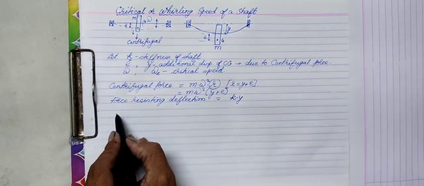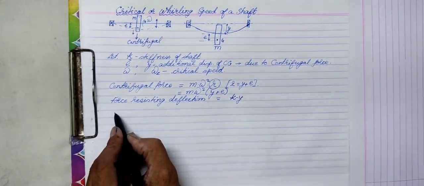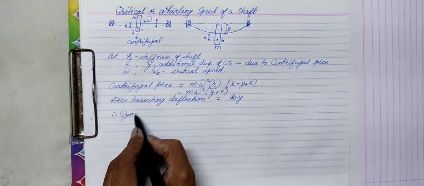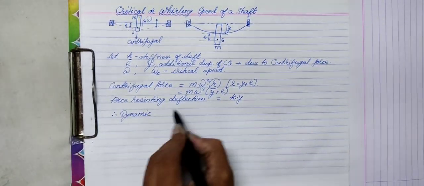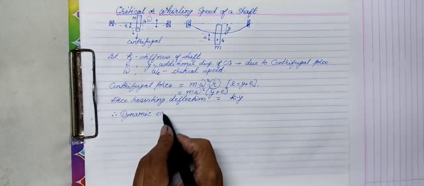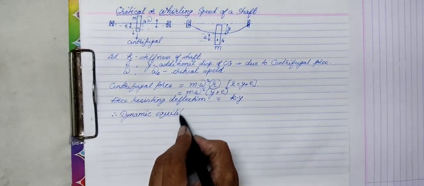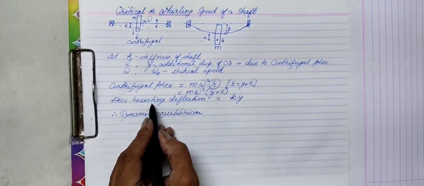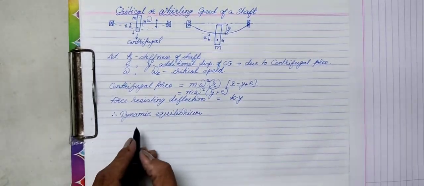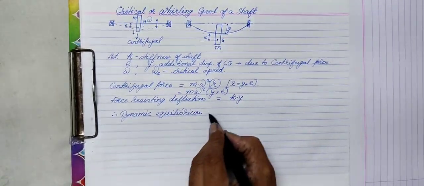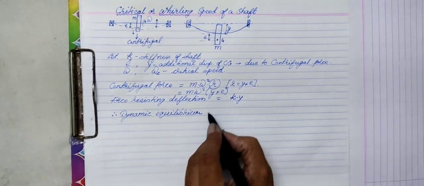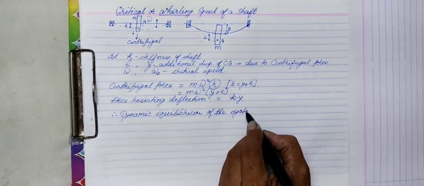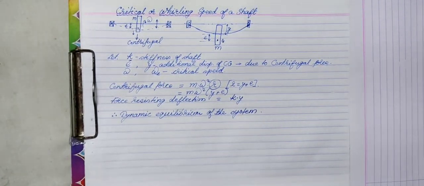And therefore for dynamic equilibrium of the system, this resisting force will be equal to the centrifugal force, when these two are equal.